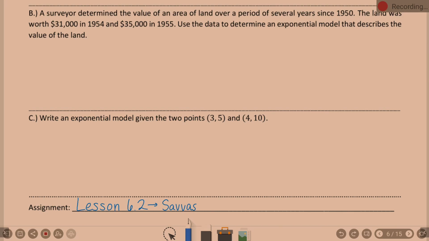So let's write down what we know. Or just jump right in. In 1954, the value of the land was $31,000. In 1955, the value of the land was $35,000, right?